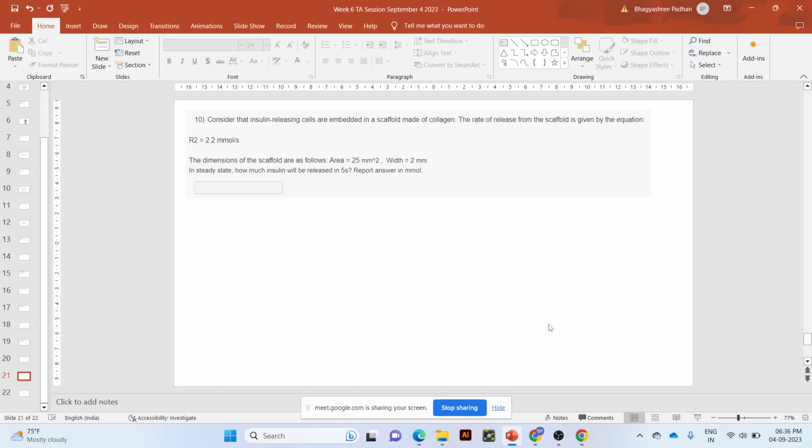Anyone else? How much insulin will be released in 5 seconds?